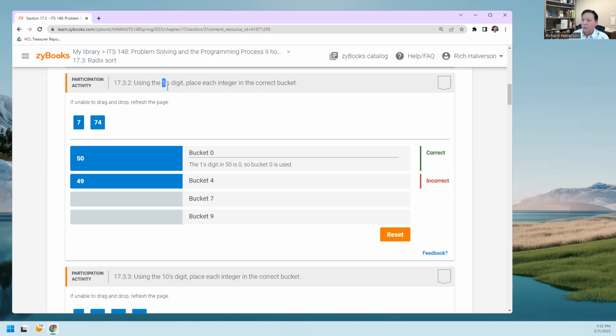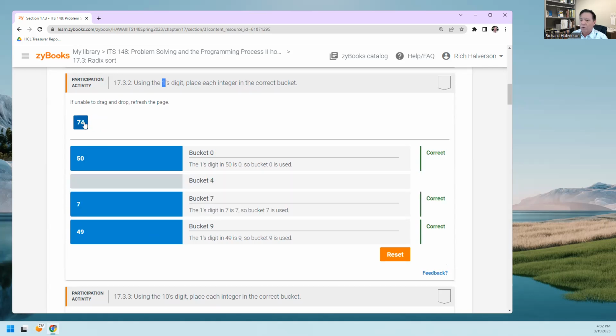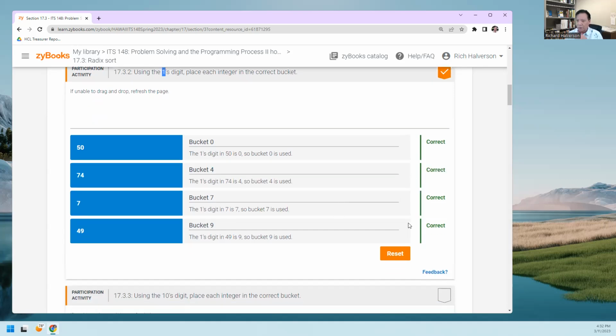Wait, I did this wrong, didn't I? The ones digit is not 4, it's 9. The ones digit is 9, so this should go down here. And this one, the ones digit is 7. And this one, the ones digit is 4. Okay, so it goes like that. They got all this correct.